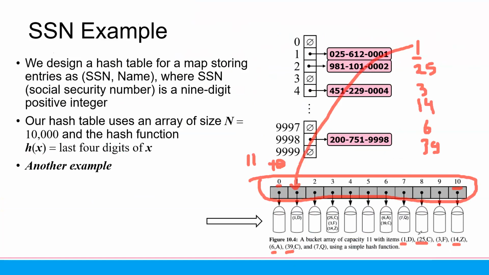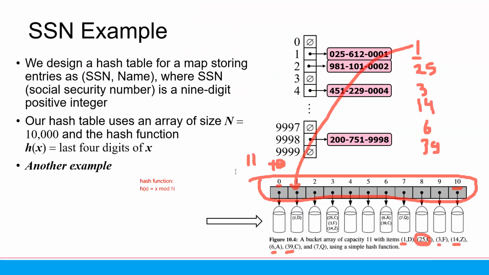What about 25? 25 is more than 10. So in order to put it into this array, we can have a hash function. The problem that we already had before, we can have the hash function, which is x mod n.